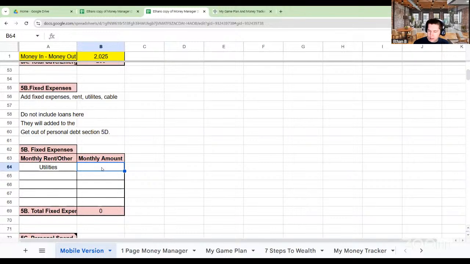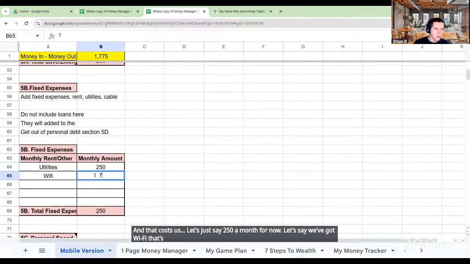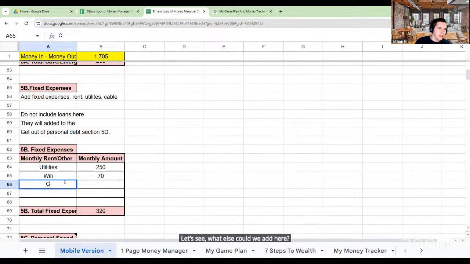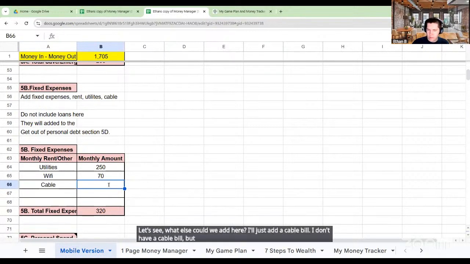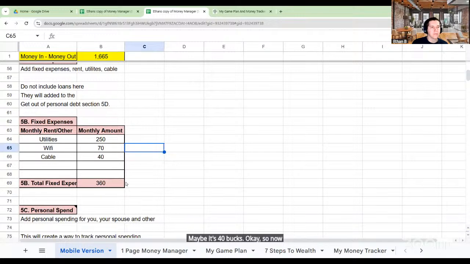And that costs us, just say 250 a month for now. Let's say we've got Wi-Fi that's costing 70. Let's see, what else could we add here? I'll just add a cable bill. I don't have a cable bill, but I'll add it here anyways. Maybe it's 40 bucks.